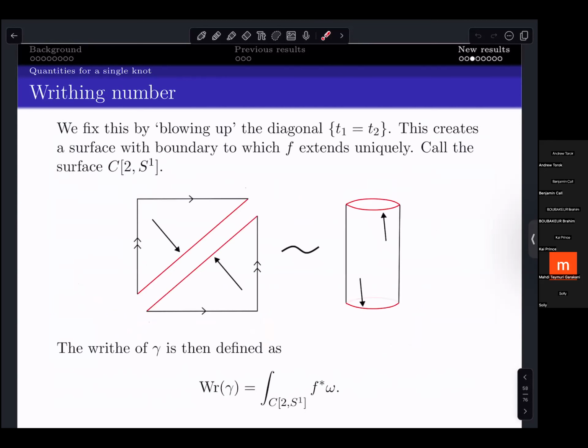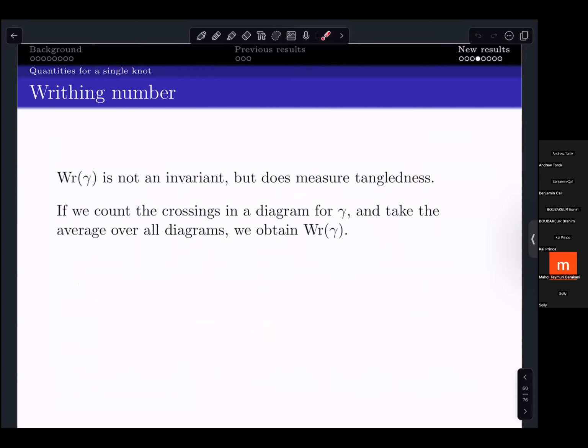Oh, okay, so I'm taking a particular embedding in R3, and it sits wherever it sits, right?